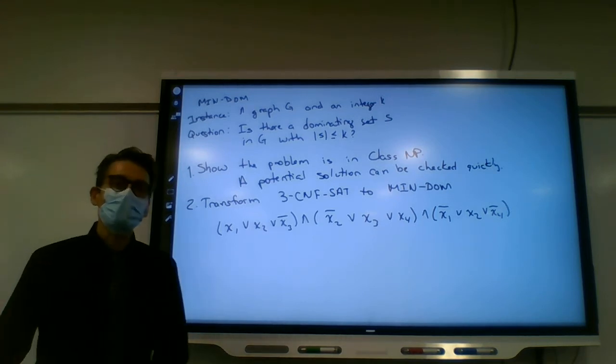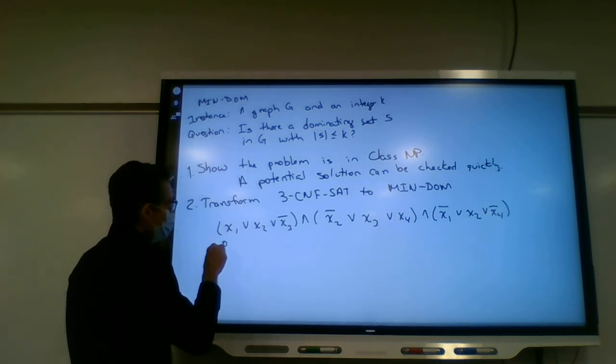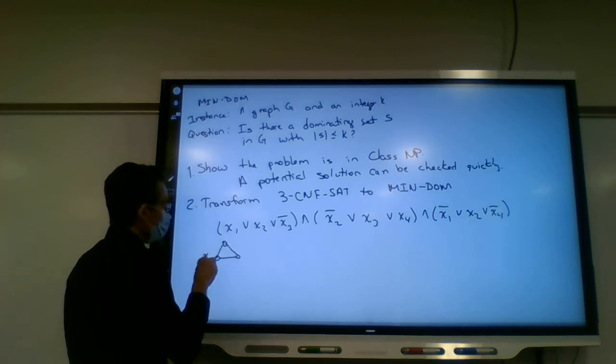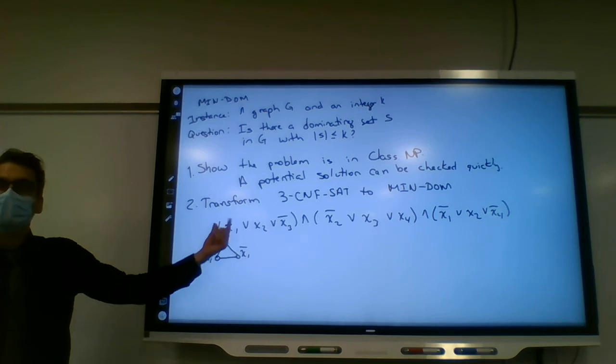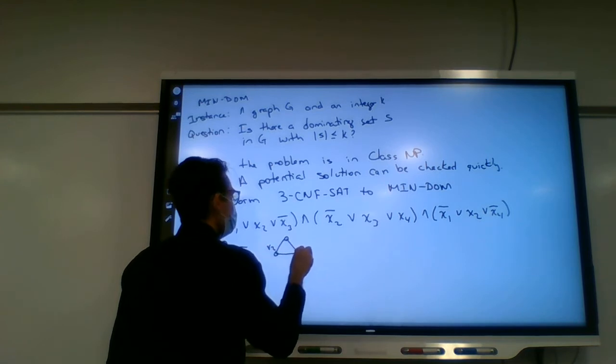All right, so here's what we do. We create a triangle for each one of our variables, and its complement.